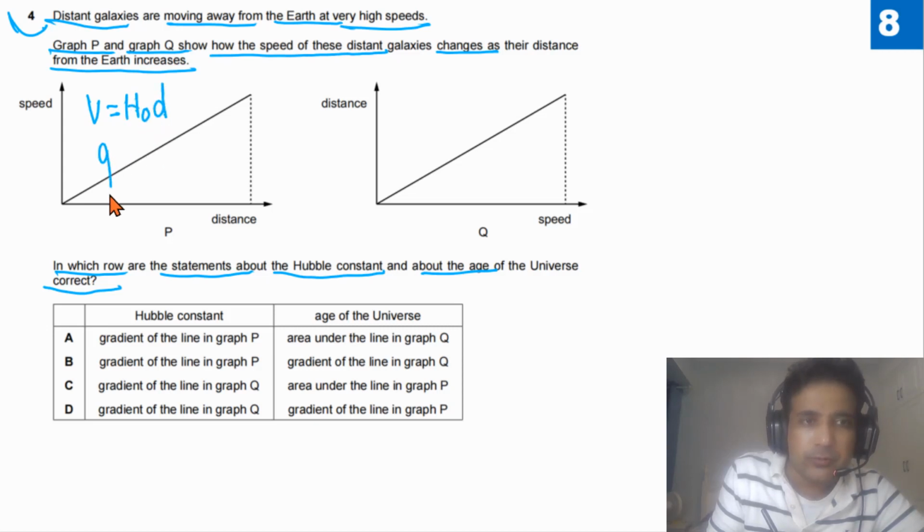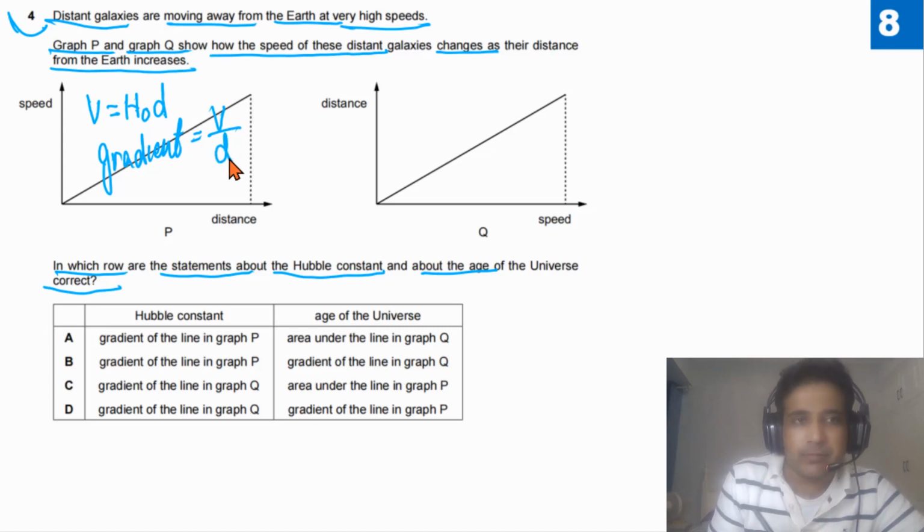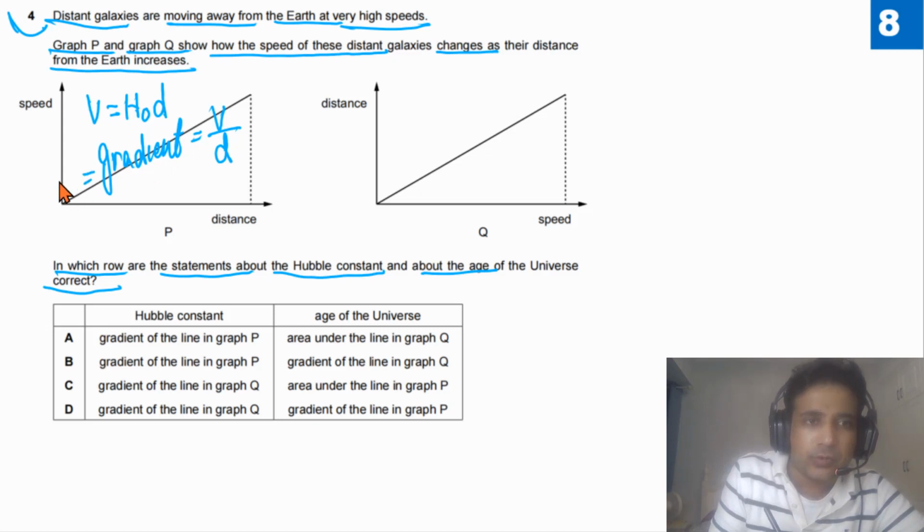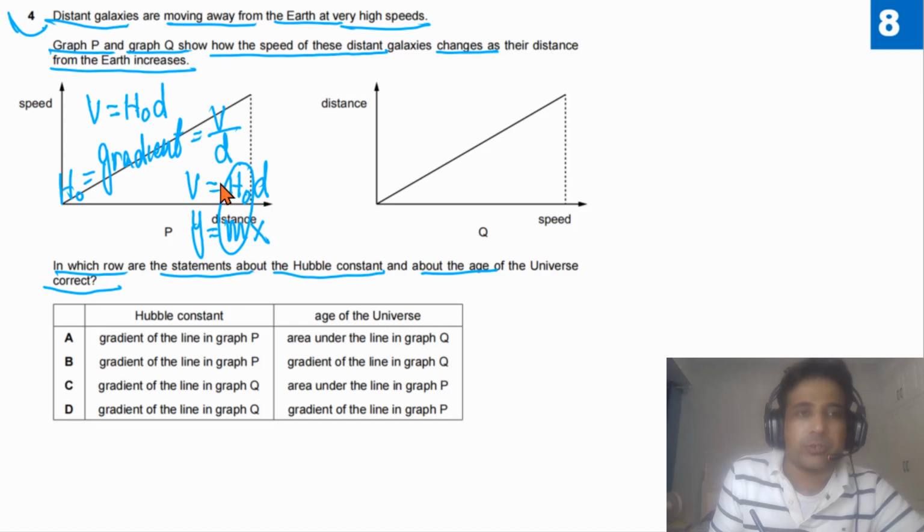So the gradient of this graph is equal to v divided by d. We can also understand this by comparing v = H0 d with y = mx. So the gradient is equal to Hubble's constant.